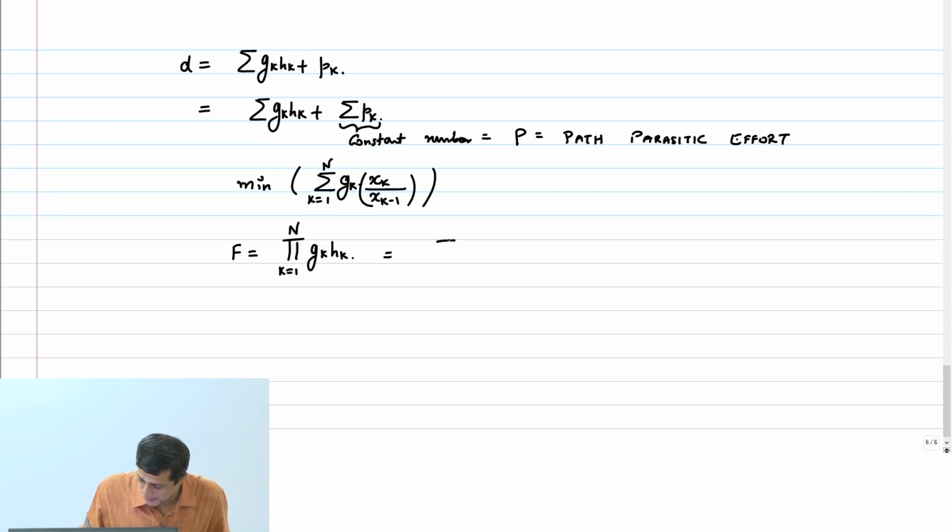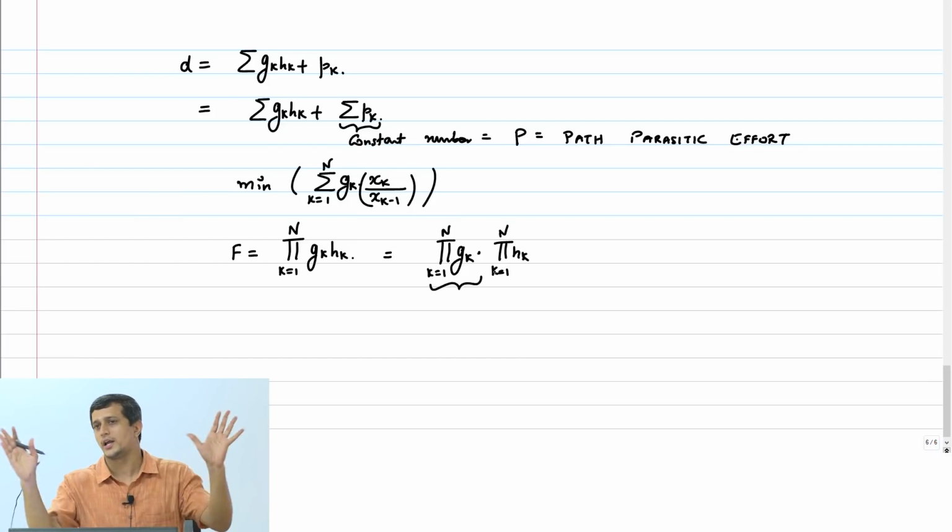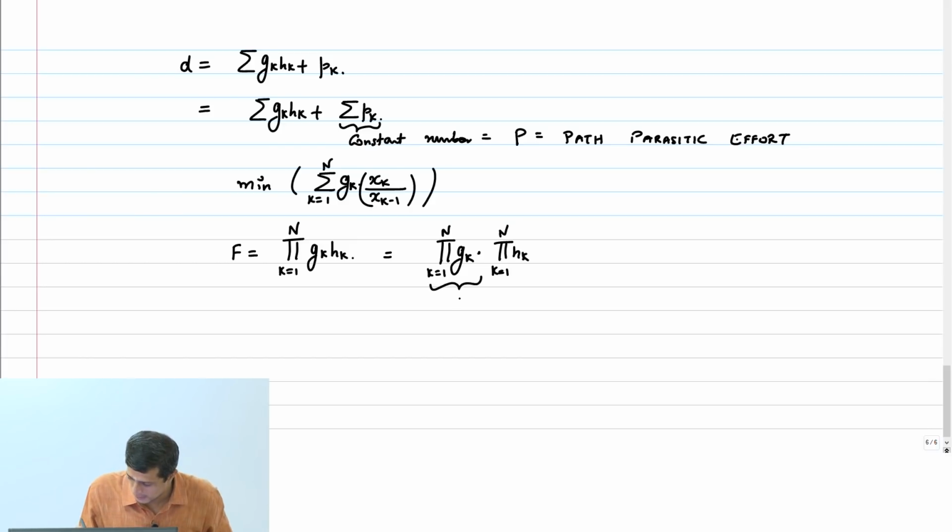This I can simply write as the product of Gk, 1 to n, into the product of Hk, 1 to n. Now this is some product of logical efforts. I will call this G, it's called the path logical effort. Now this one is my path electrical effort.